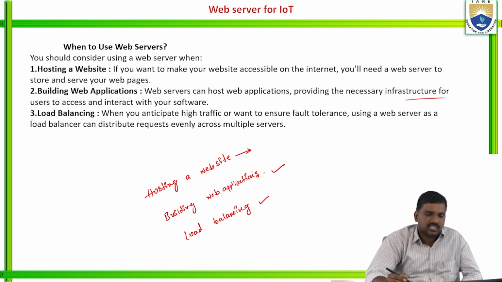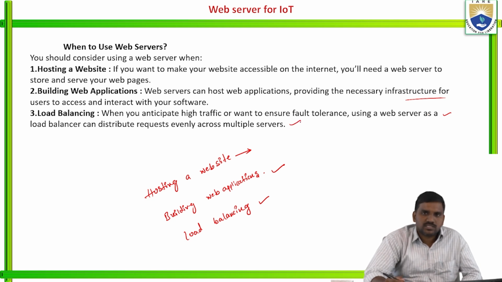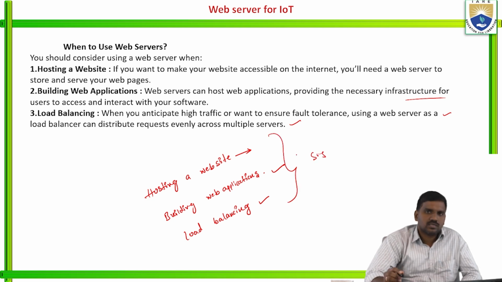When you anticipate high traffic or want to ensure fault tolerance, using a web server as a load balancer can distribute requests evenly across multiple servers. So these are the three main significant points of when to use web server: hosting a website, building web applications, and load balancing at the time of high traffic of requests from the clients.